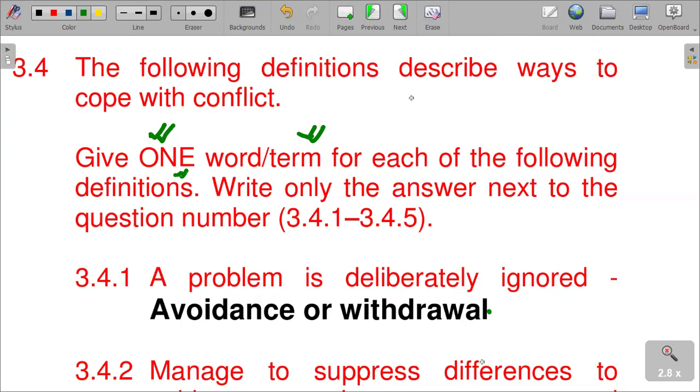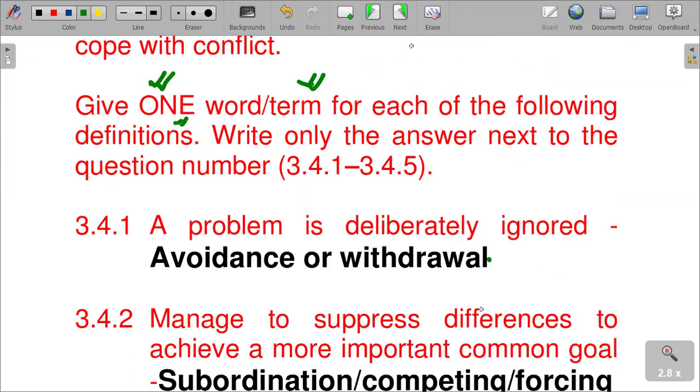A problem is deliberately ignored. We are saying describe the ways to cope with conflict. When a problem is deliberately ignored, it's called avoidance, or it can be called withdrawal.